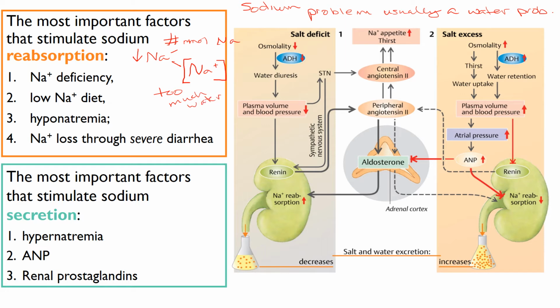And typically, it's not necessarily the fact that you don't have enough individual sodium ions in your body. It's that you have too much water that they are dissolved into, which reduces the serum concentration. These are all factors that can contribute to a decreased serum sodium.